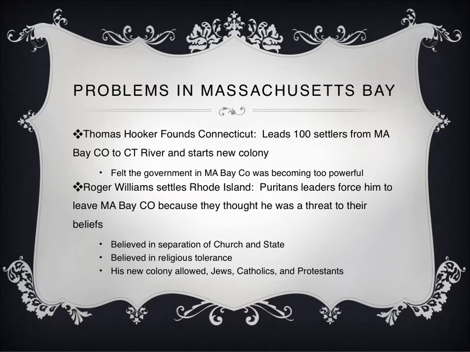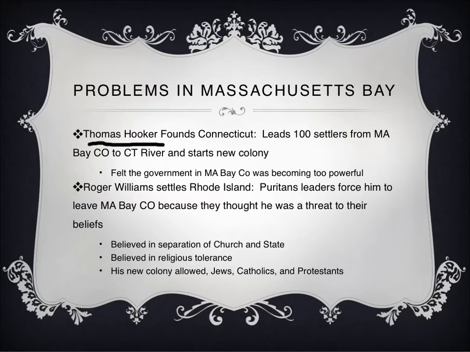The leaders of the Massachusetts Bay Company do not like to be questioned about what they did. All right? So many people who disagree with the Massachusetts Bay Company are forced out, or you're going to see, like we're going to talk about in a minute, how people decide to leave the colony and form other colonies.